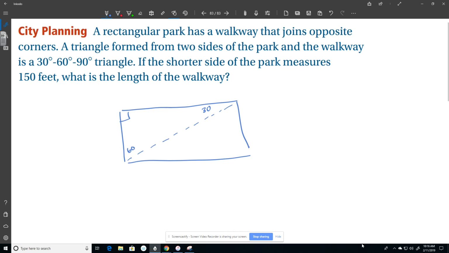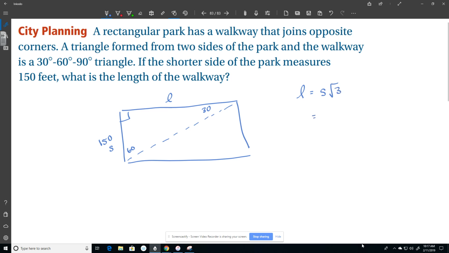If the short side of the park measures 150 feet, what is the length? So it wants to know this part right here, the long side, and it gives me the short side. So if I go back to my formulas and look at what goes from the short to the long side in a 30, 60, 90, I know that the long side equals the short side times the square root of 3.